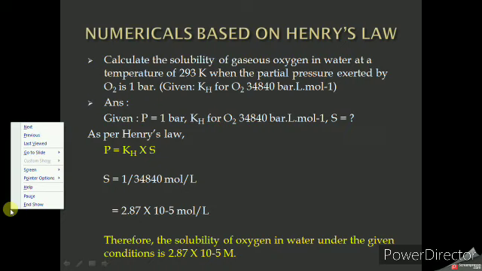To solve this numerical, you must know the given things. Here, the temperature is mentioned as 293 Kelvin, so the unit is Kelvin. Then the partial pressure of that oxygen is mentioned, and it is 1 bar.